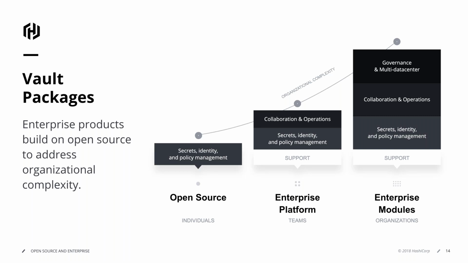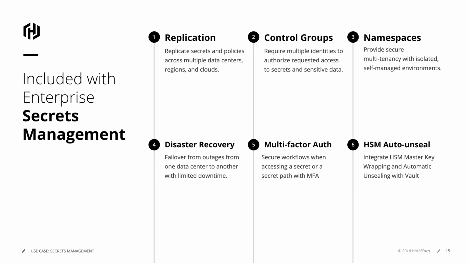That's where these additional modules come into play. This is some of the enterprise stuff that we just chatted about: replication, disaster recovery, control groups, where you can have very detailed policy that says, if this person wants to do this particular action, they need to check with another group or have them approve it. Same thing with, maybe you want to interact with HSM on-prem or something like that.